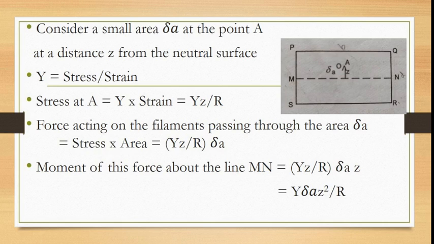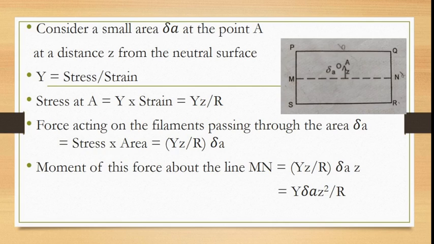Now what is the moment of this force? So moment of this force about the line MN is moment. How will we calculate moment? As force into distance, isn't it? Force into perpendicular distance. So we had calculated force as YZ by R into delta A into the distance to the considered point A, and it is Z from the line MN.